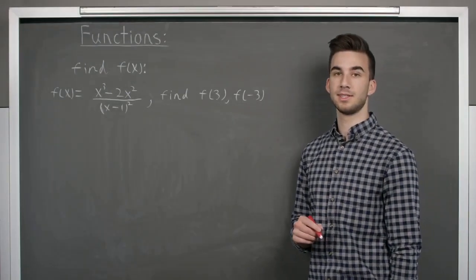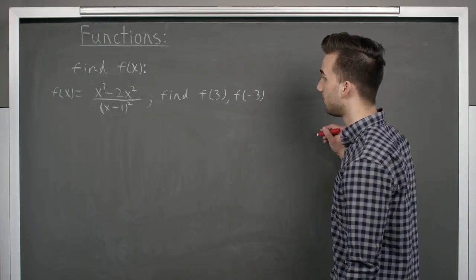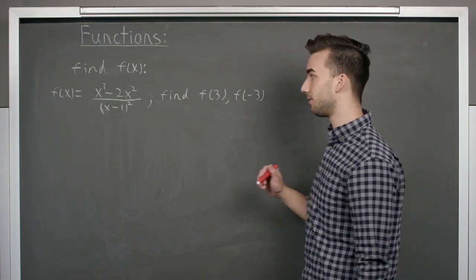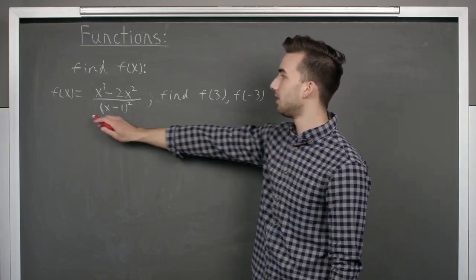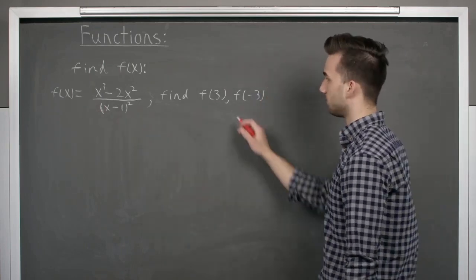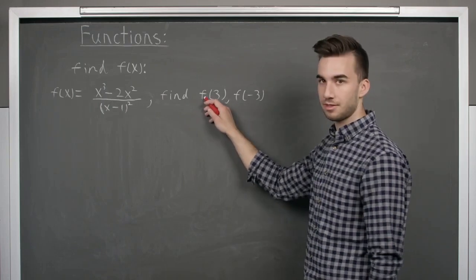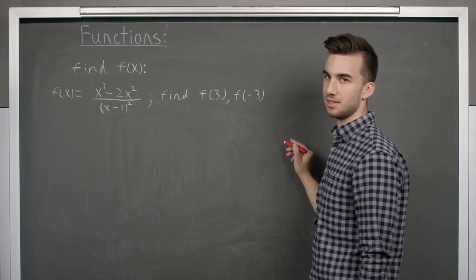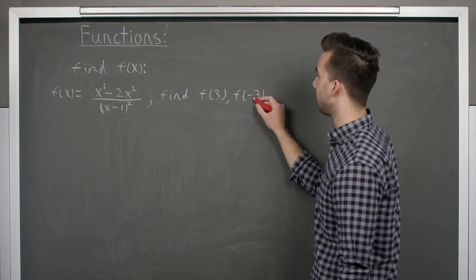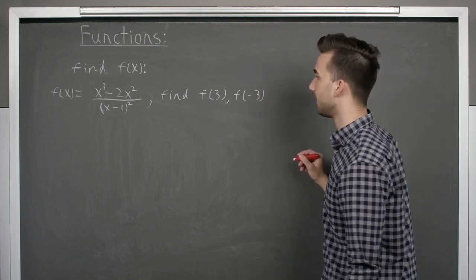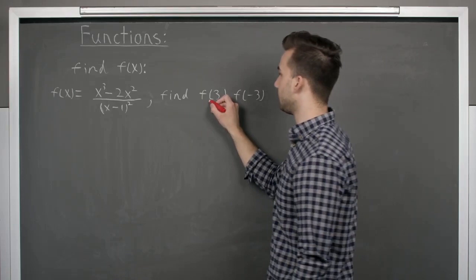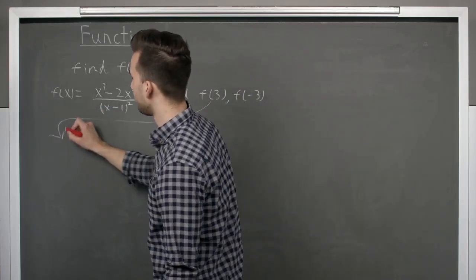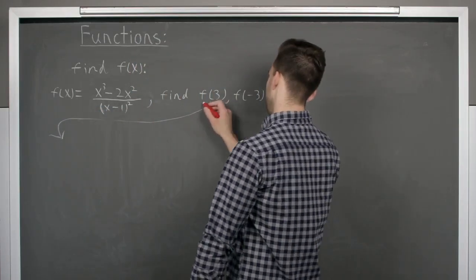So here's another example to get you comfortable finding x values in functions. We have a function over here, and we're trying to find the function where x is equal to 3, and also where x is equal to negative 3. So let's start with x is equal to 3. We have f of 3.